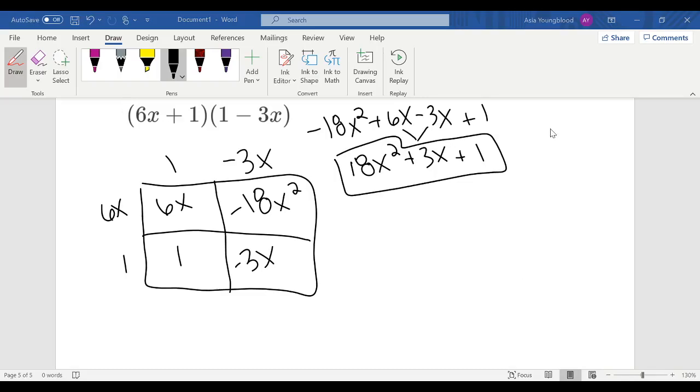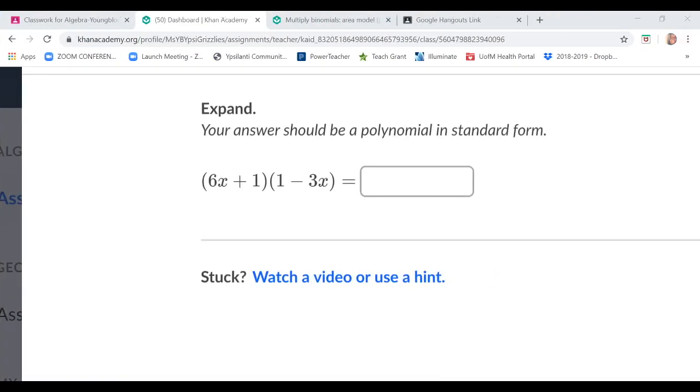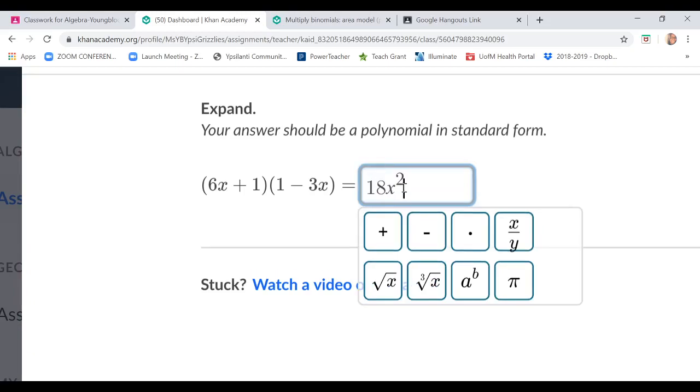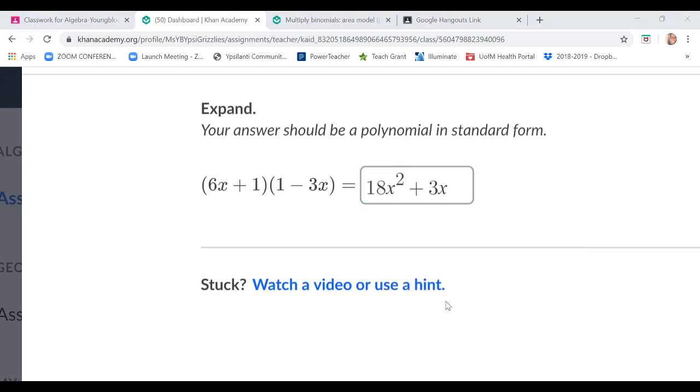So let's go ahead and switch back over to our browser and type in that 18x squared plus 3x. Honestly, I forgot what we wrote. Oh, I wrote that wrong.